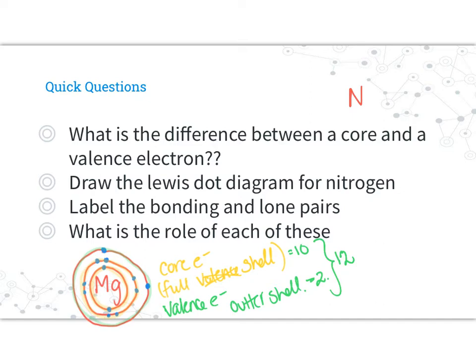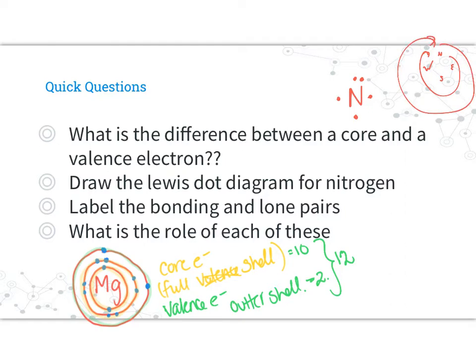So 1, 2, 3, 4, 5. This means that nitrogen has 5 valence electrons. Remember, we work around the element, adding 1 electron on each of the north, south, east, and west, if you will. And then once we've gone around once, we can go around the second time to pair.